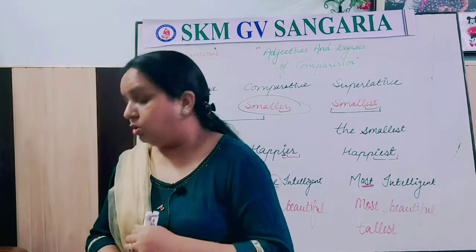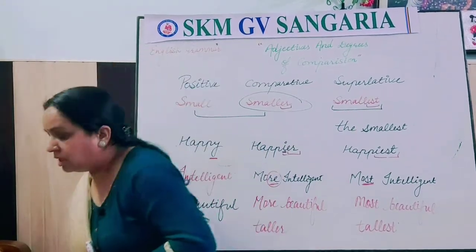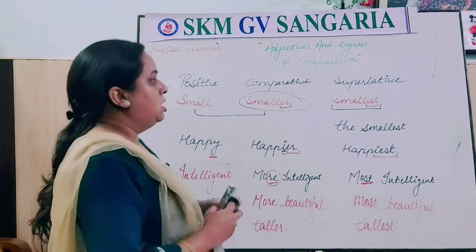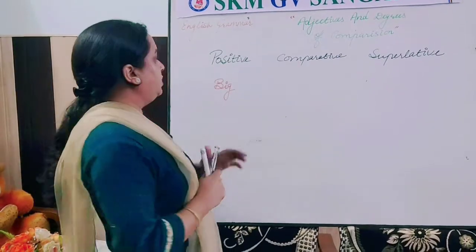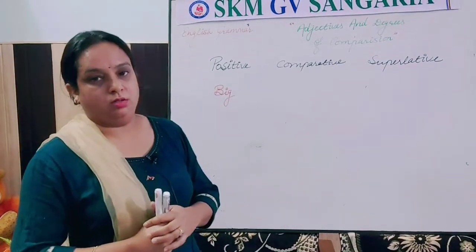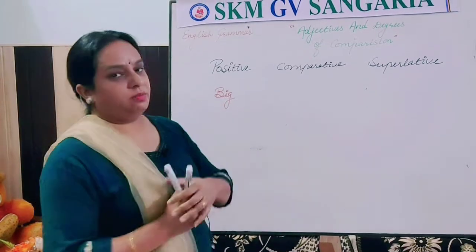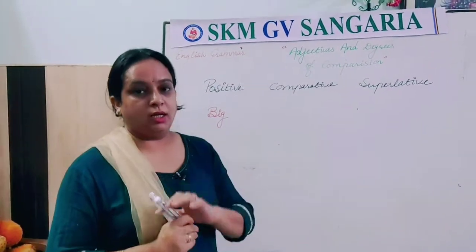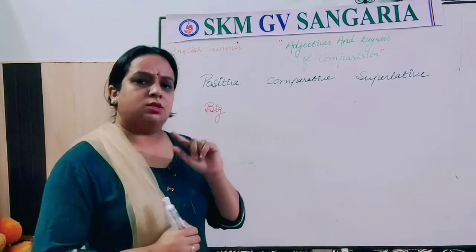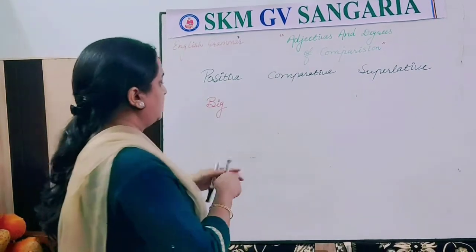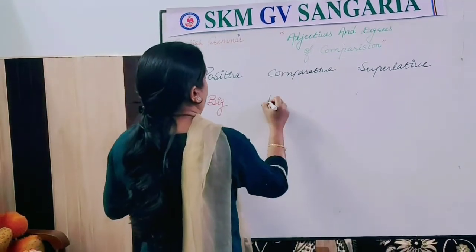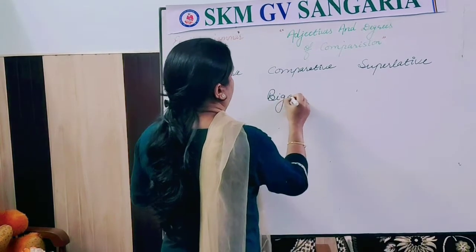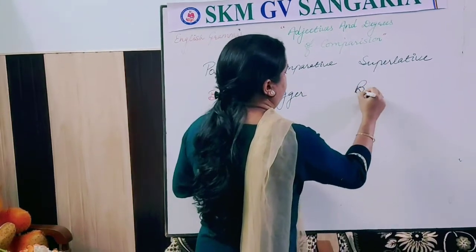I will tell you one more thing in these degrees. Now I have taken the adjective big. What is the comparative degree when you are using that technique of your tongue and teeth? It is big, only one time. So it is bigger and biggest.